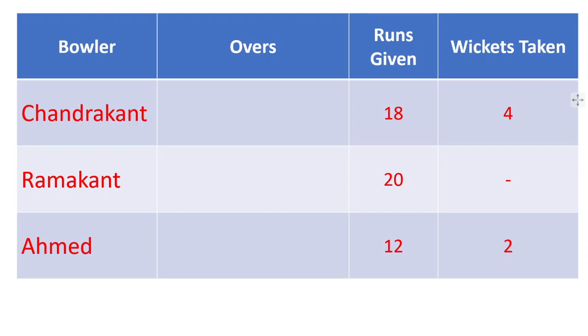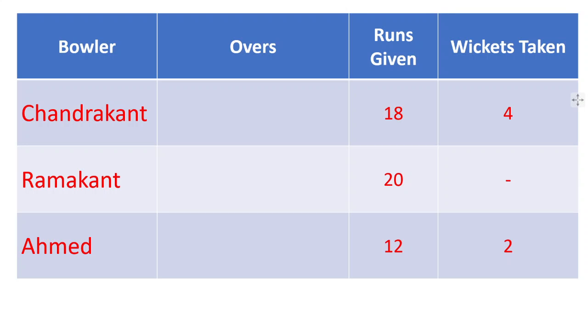Let me show you some representation of numbers in the form of pictures. Look at this table. The heading tells about bowler, overs, runs given and wickets taken. By this you know that it is something closely related with cricket, and cricket is interesting to you.